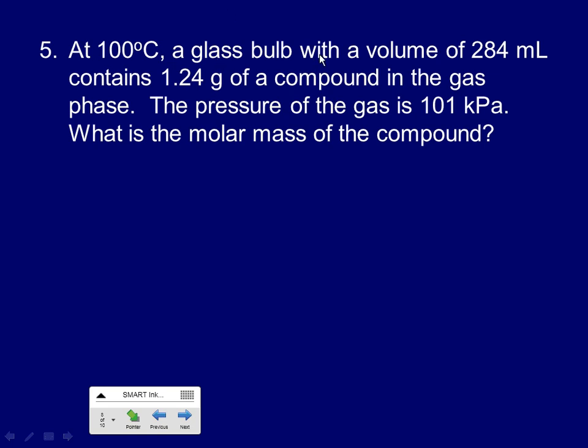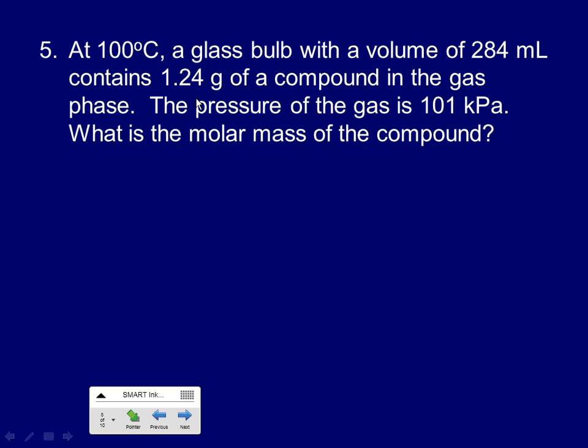You take a glass bulb that you know the volume of, and you get a gas in there, and that's the tricky part, getting a pure gas in there. But you can take a glass bulb and evacuate it, get all the air out of it, and weigh it. Then put a gas in it, and then weigh it again. And by subtracting, you can get the mass of the gas in there. So you can get that with just a regular scale.